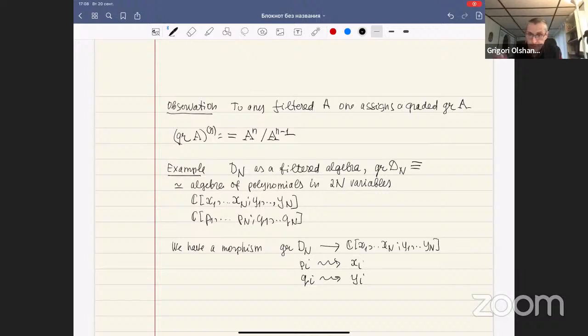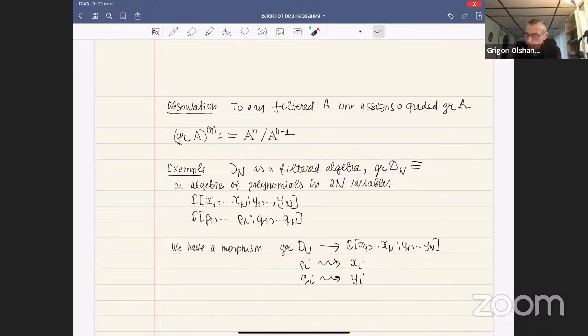If you take some monomial in our generators in this algebra, we look at the top degree terms. The top degree terms give us a homogeneous element of the algebra of polynomials. And then we argue that our multiplication is commutative modulo lower degree terms, which gives us this map.